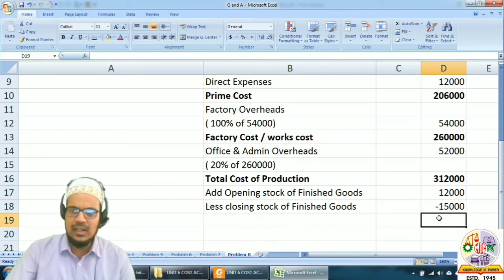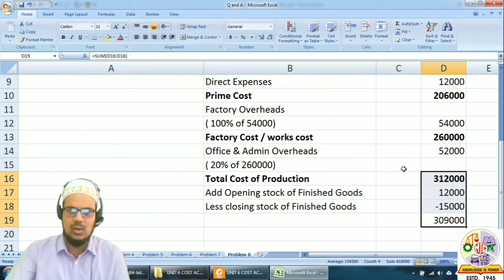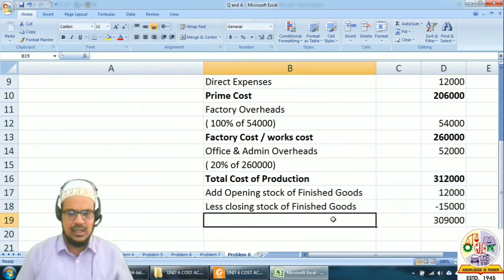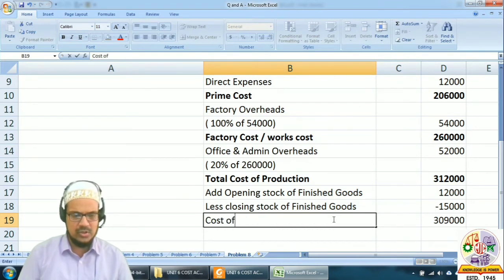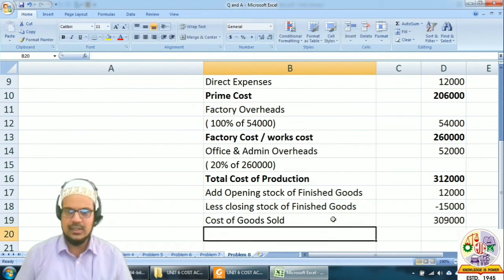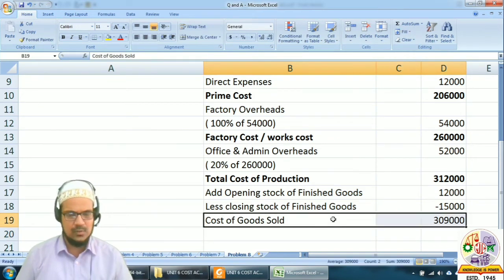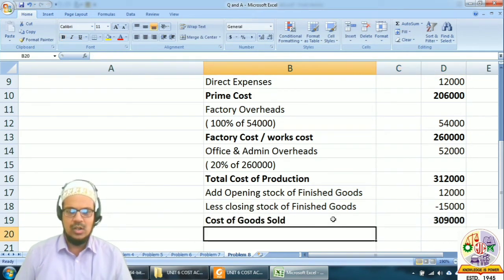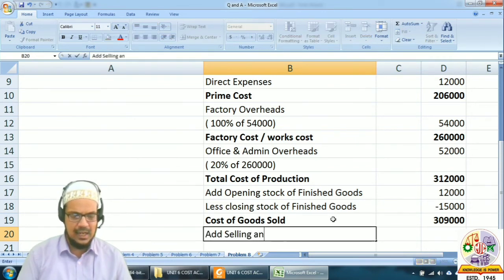Once these values are adjusted to this 3,12,000, we get a final value of 3,09,000, and this is nothing but cost of goods sold. To this cost of goods sold, we will add selling and distribution overheads.